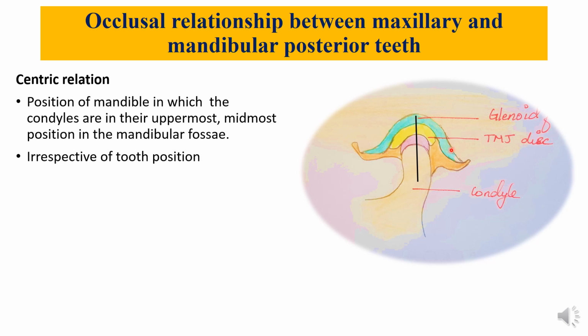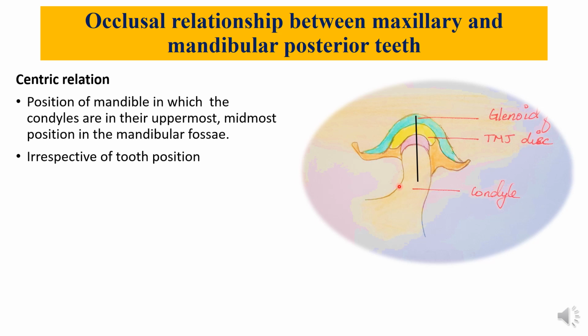That much is clear, and we have a TMJ disc. Now, centric relation means the condyles are in the uppermost and midmost position of the mandibular fossa. You can see the mandibular fossa. It is in the most upward and almost the midmost position of the glenoid fossa.